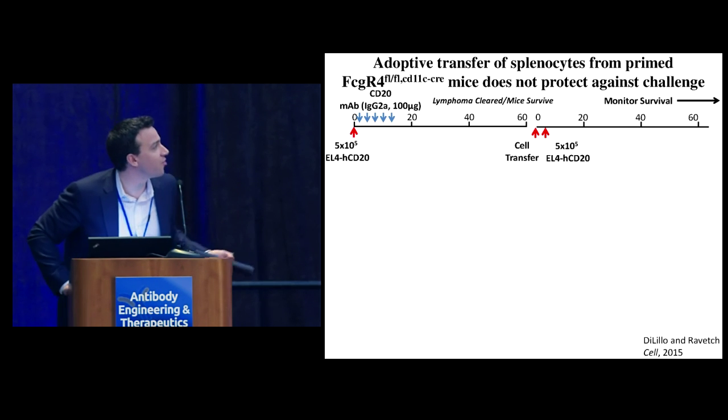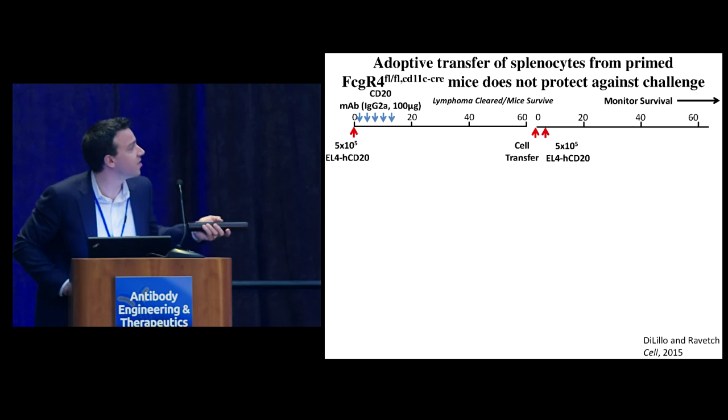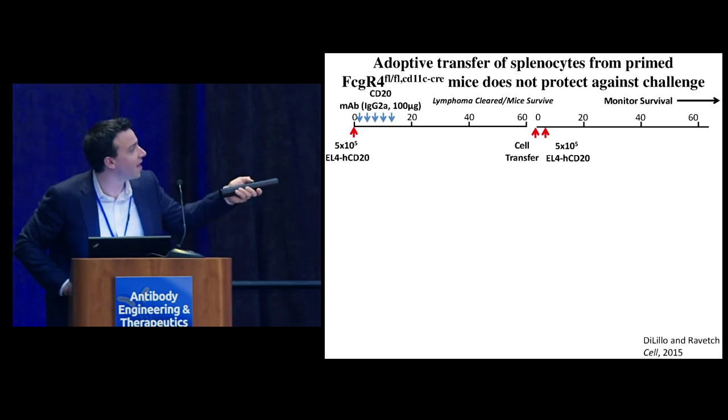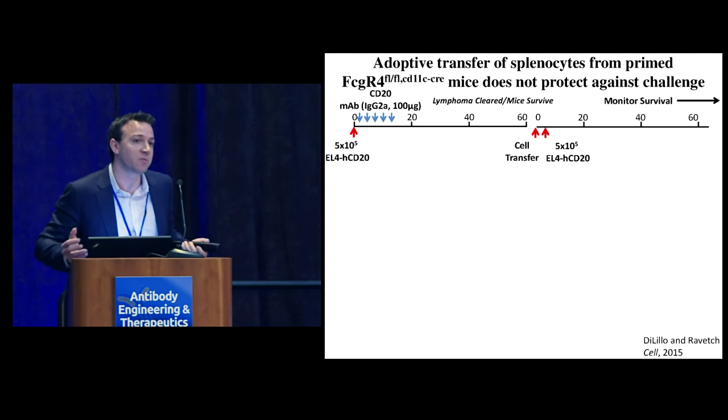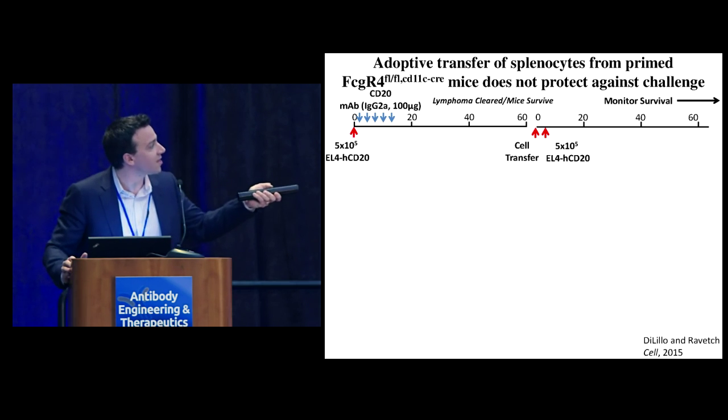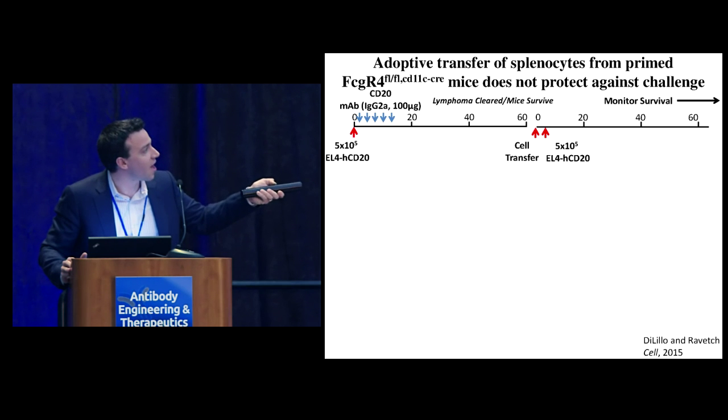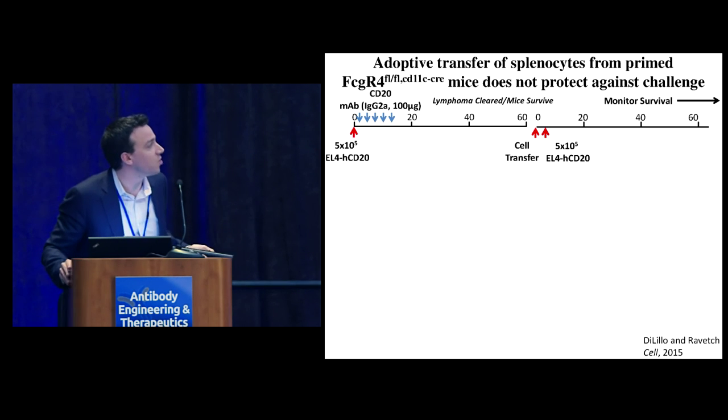And so we further characterized this using adoptive transfer studies. Again, we primed the mice with EL4 CD20 tumors, gave them the antibody, allowed them to rest 30 to 60 days, and then adoptively transferred either total splenocytes or CD3 positive cells from the spleens of these primed mice into naive mice, and then the next day gave the mice a challenge of 500,000 EL4 human CD20 cells.